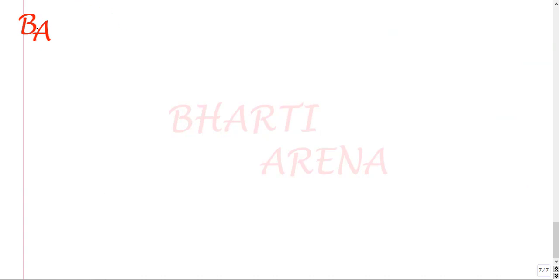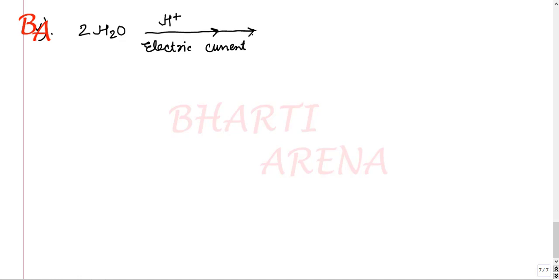Next example we are going to have here is the decomposition of water. It is made slightly acidic by putting some acid like HCl, and electric current is used in this reaction.